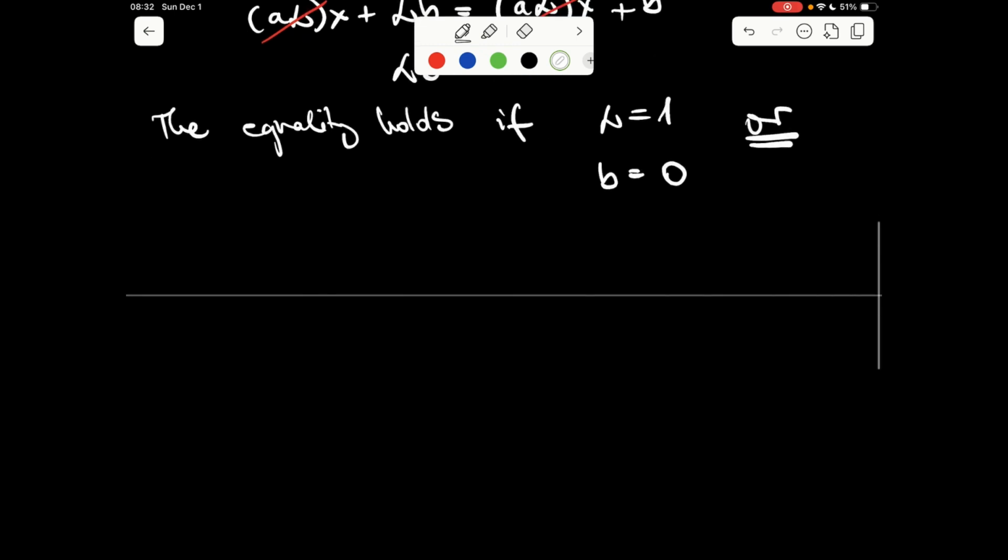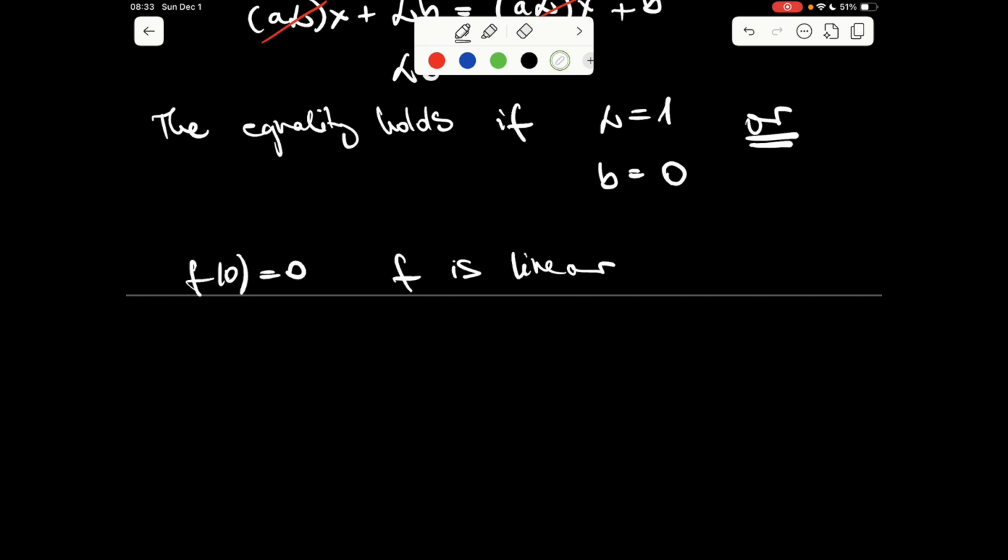So please note that if b is 0, then the value of the function is 0, and in this case f is linear.